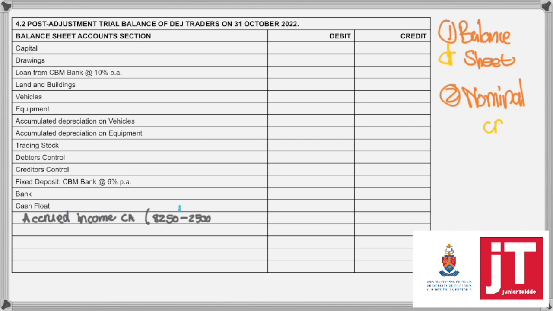Then adjustment number 3 is the bad debts that we have to write off. So we start with debtors control, minusing 1,900 Rand of the total debt that the debtor owed. Okay, that's the credit. Then part of the debit is the 228 Rand that we receive in cash.